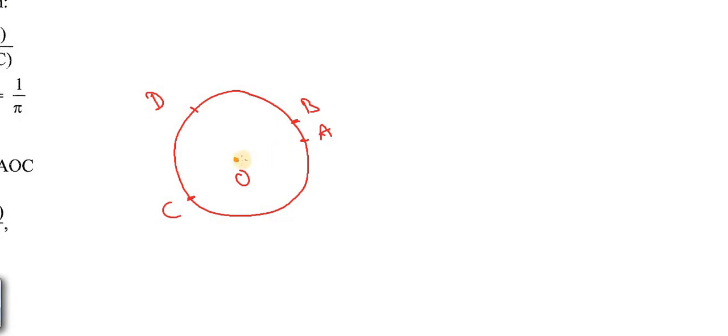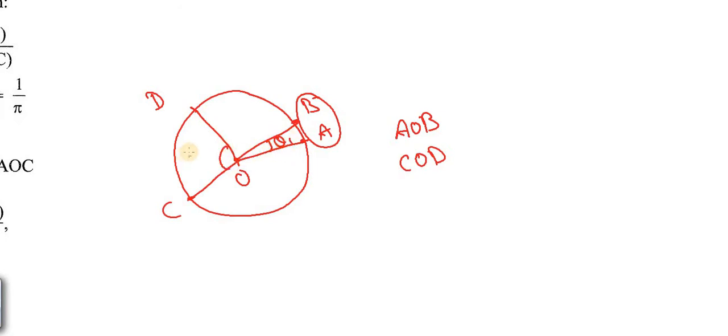Now let us join these arcs with the center of the circle. So the arc AB subtends angle AOB at the center of the circle, and arc CD subtends angle COD at the center of the circle.